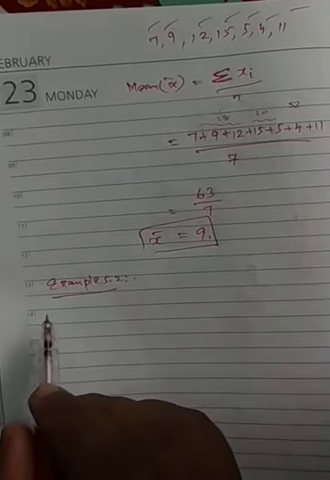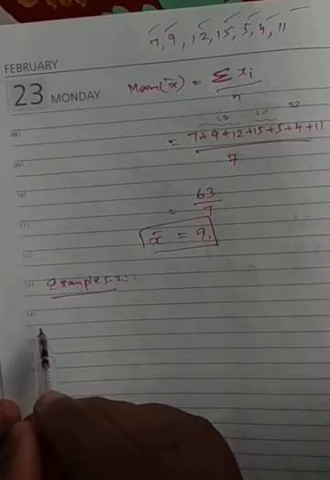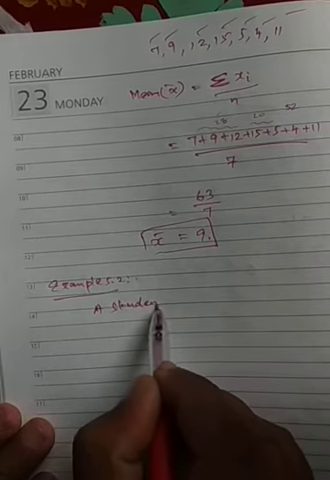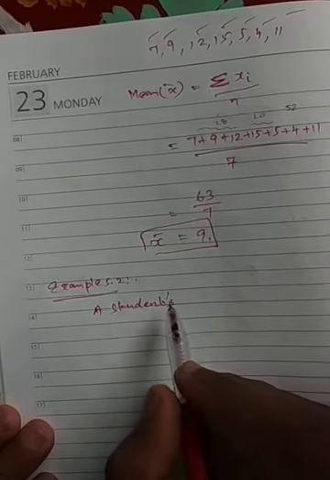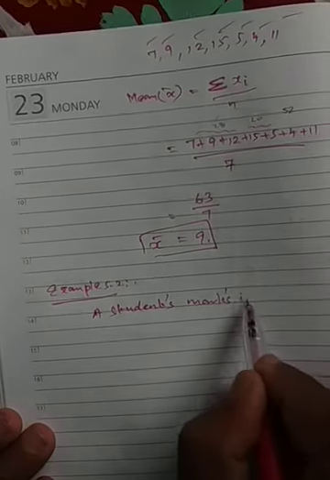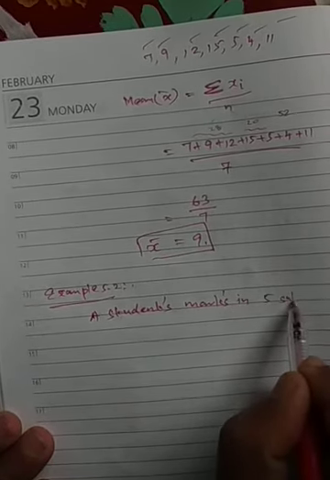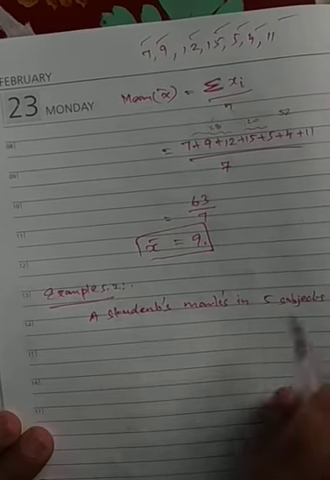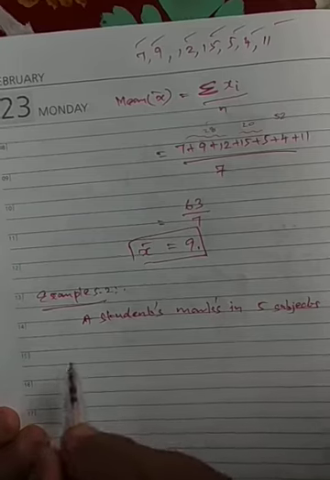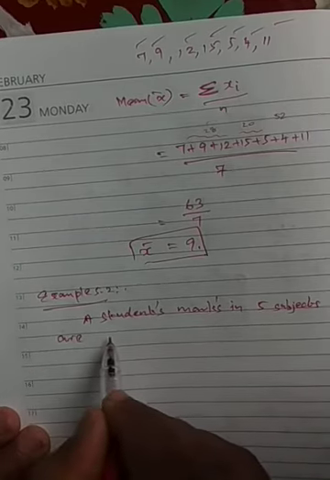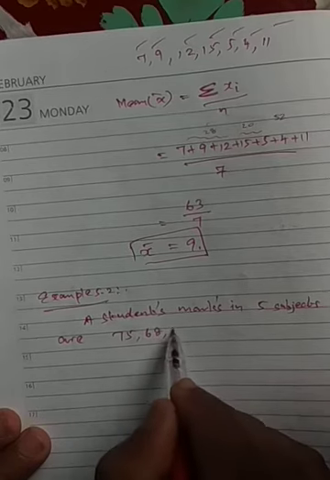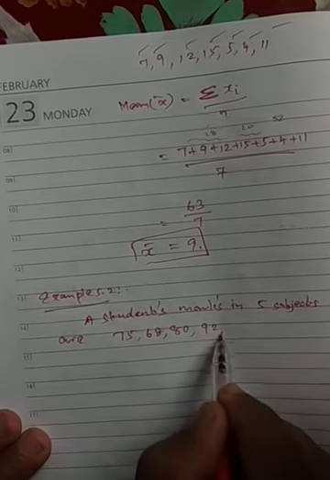What the example is saying: a student's marks in 5 subjects are 75, 68, 80, 92, 56.